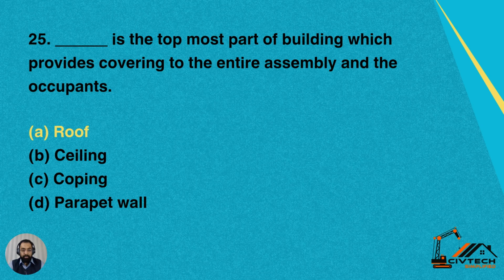Then we have question 25, the last question of this topic. Dash is the topmost part of building which provides covering to the entire assembly and the occupants. Number A, roof. B, ceiling. C, coping. D, parapet wall. Of course, it's A, roof. Roof provides the covering to the residents inside the building.